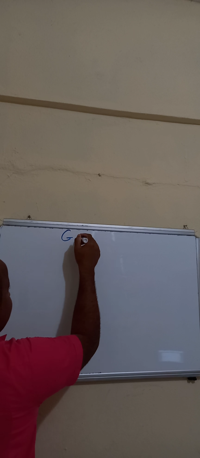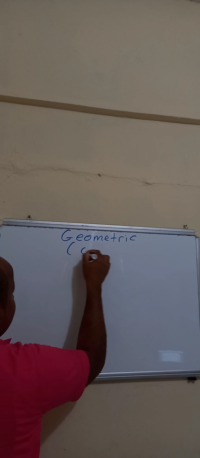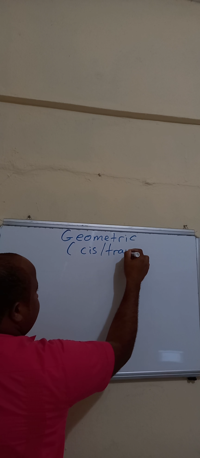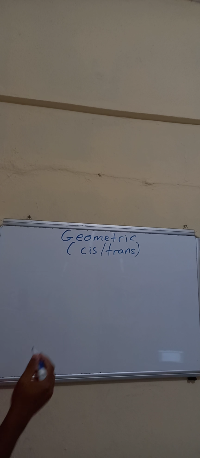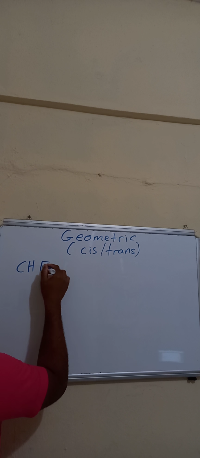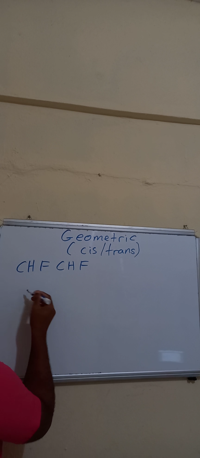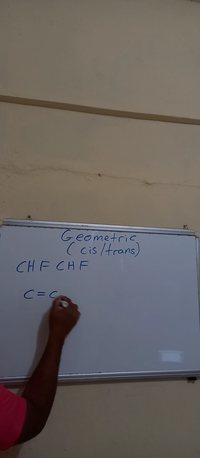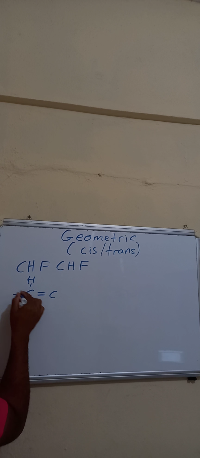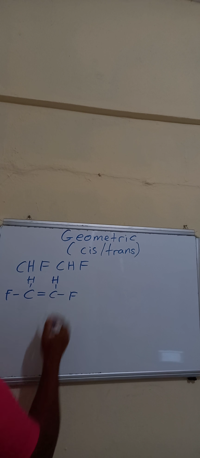Alright, so as I've stated, geometric isomers occur in alkenes. Another name is cis-trans. So, a simple example, let's look at the compound CHF=CHF.